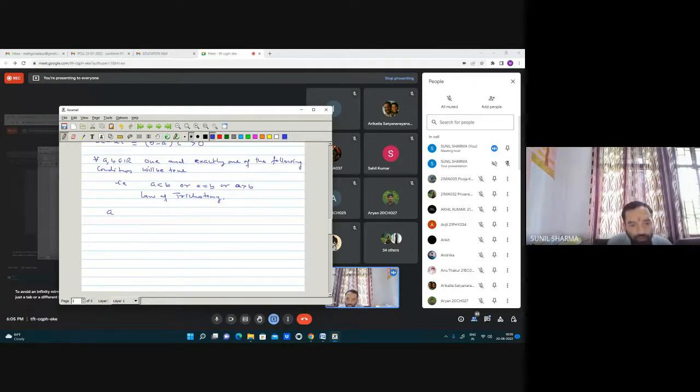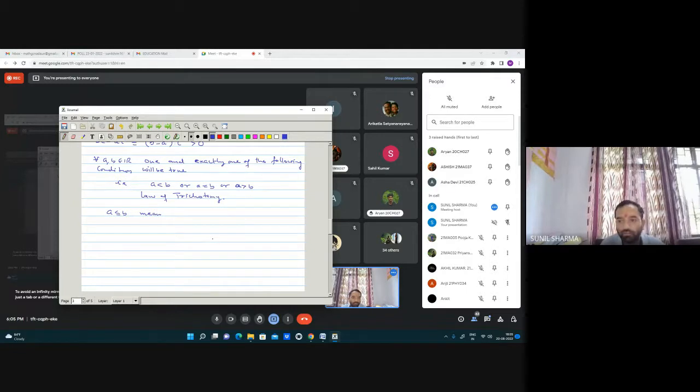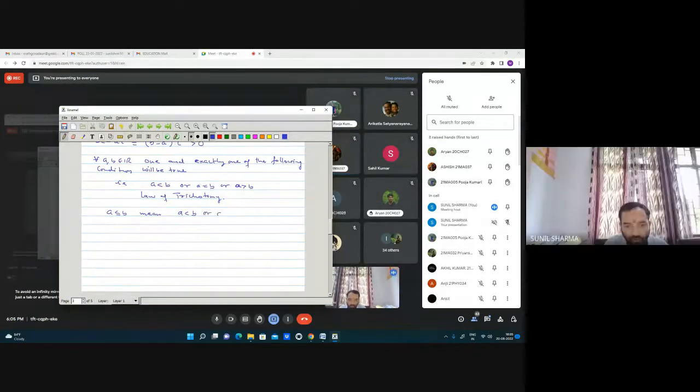So A less than or equal to B we can write. What is the meaning of A less than or equal to B? Yes, Ashish: A less than B or A equal to B. Very good. So A less than or equal to B means A less than B or A equal to B.